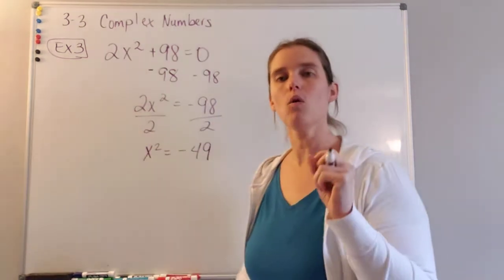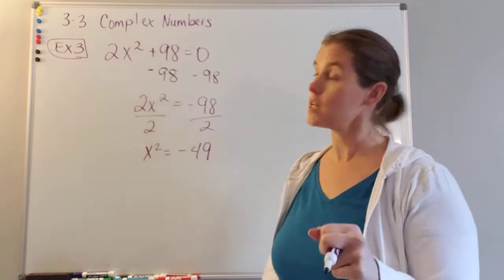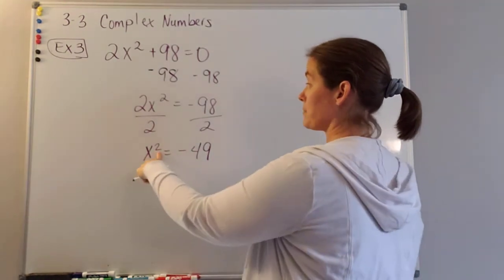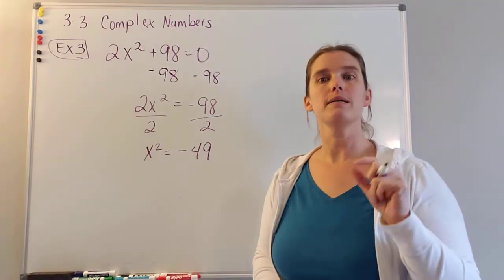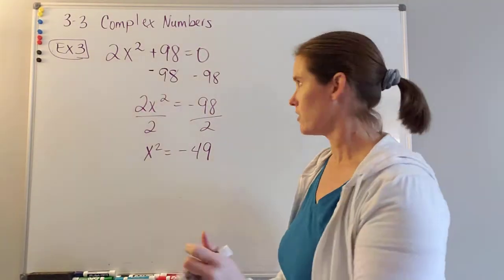Now, when you are solving for a variable and you have to take a square root because that's the opposite operation of squaring, remember, you have to give the positive and negative answer.